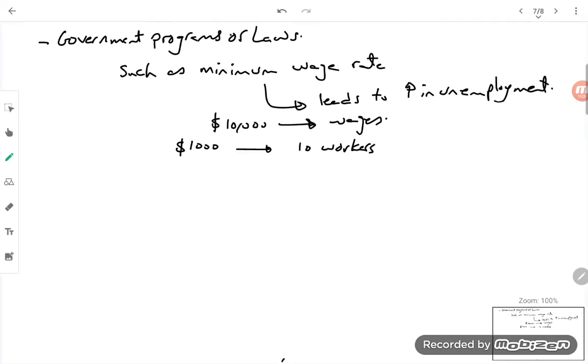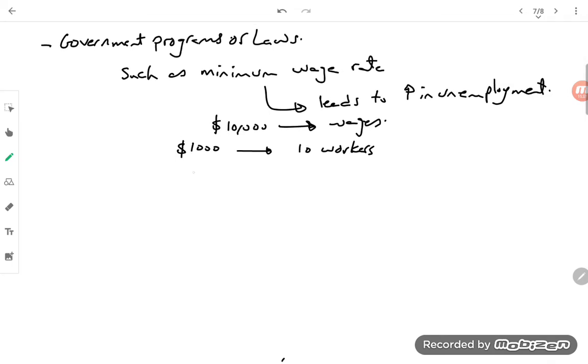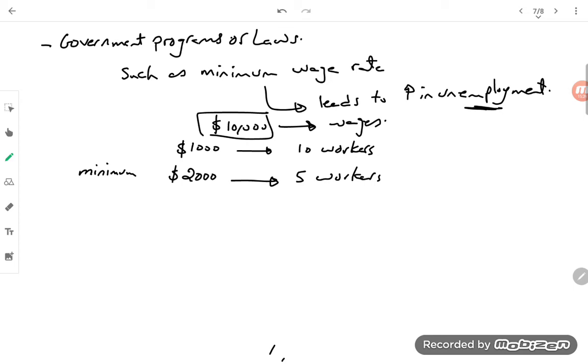But if the government sets the minimum wage rate to be 2,000 and the firm would like to pay just 10,000, in this case the firm is going to hire just 5 workers. So this means that there are extra 5 workers who are unemployed workers.